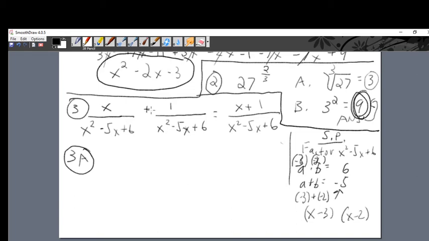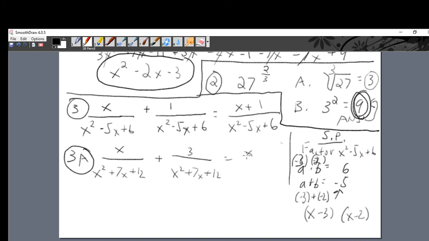Here we go: x over x squared plus 7x plus 12, plus 3 over x squared plus 7x plus 12.